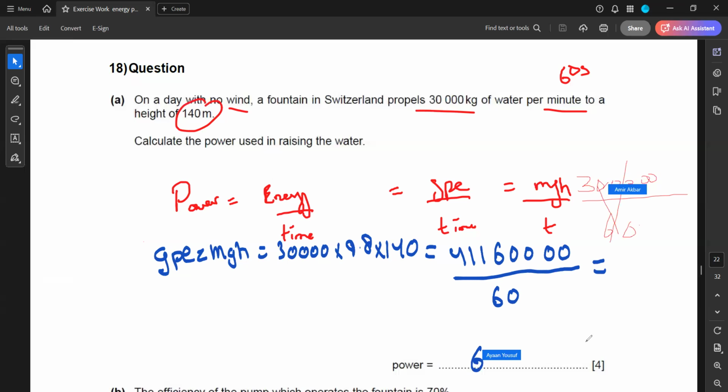This will give us the power in watts. When the number is too large, you can write it in exponent, you can say 6.86 into 10 power 5 watts.